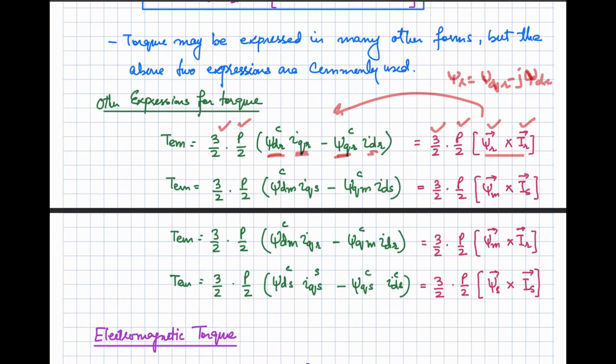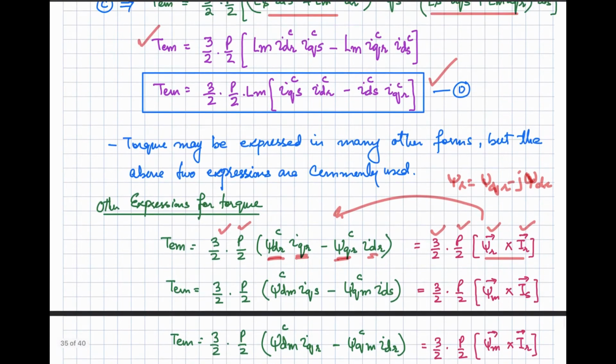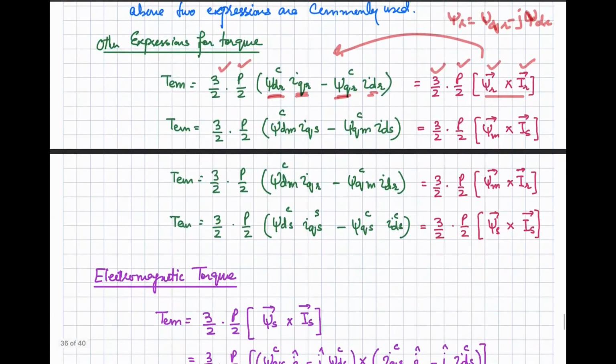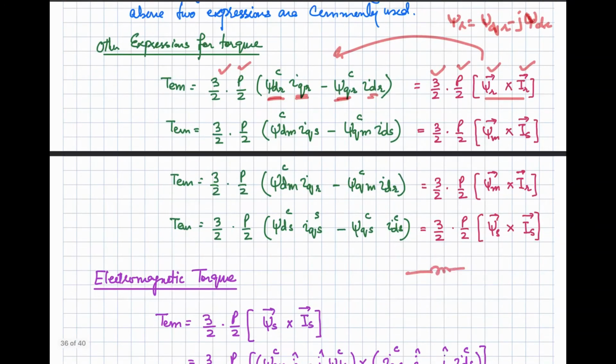Similarly, if we want to express the torque in terms of the magnetizing flux, let me draw the diagram over here again. Magnetizing or the mutual flux, this is Lm. So if you know the flux of this part, the mutual flux phi m, if you take its cross product with the stator current Is, you will get the torque.